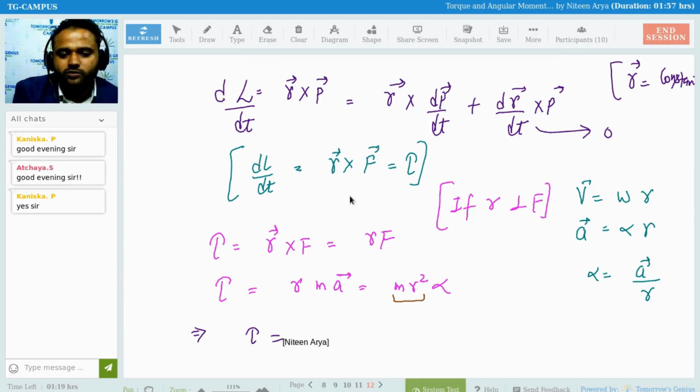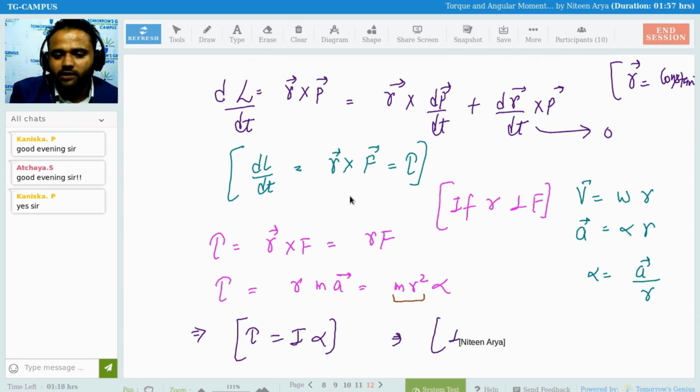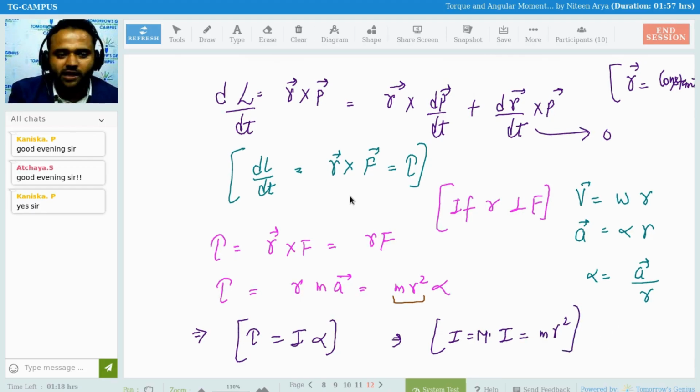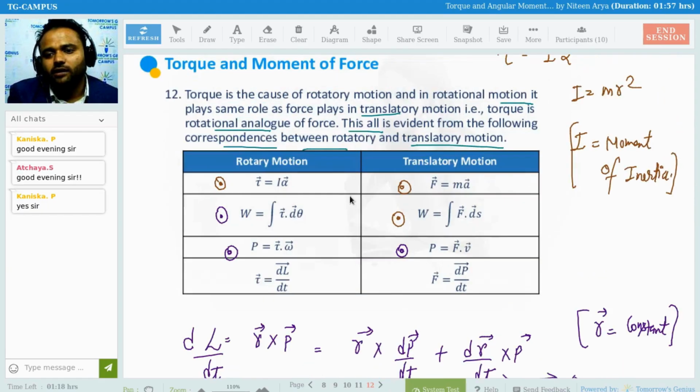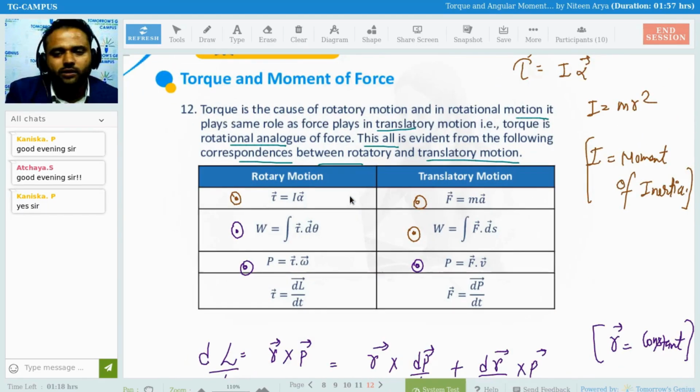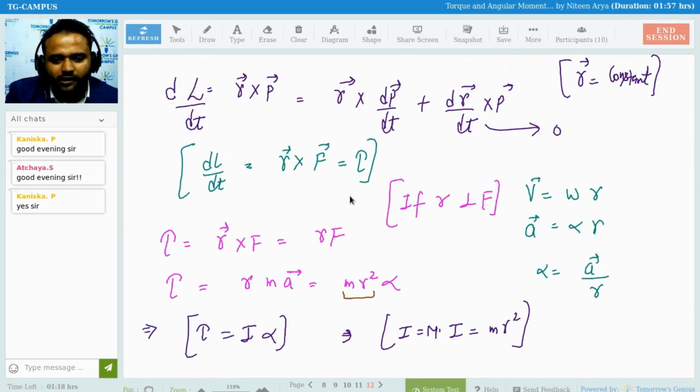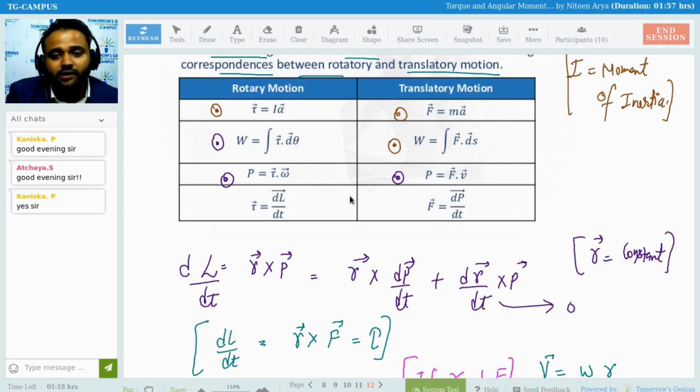Then we can write torque tau equals I alpha, where I is basically the moment of inertia, MI, not Mumbai Indians, and that is mr square for any general body, and, as I already gave you, half mr square for a circular ring, and so on. So that is how we can write these things: torque tau equals I alpha, corresponding to force equals mass into acceleration. Is this clear, everyone? With this small derivation, I can give you the detailed relation between these two.